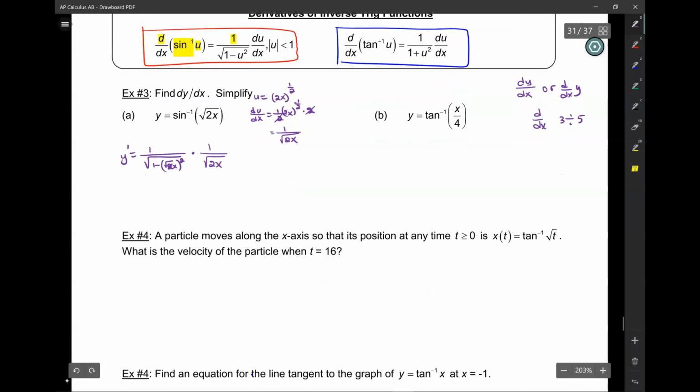So this is 1 over the square root of 2x times the square root of 1 minus 2x. Now I need to combine the roots. So I have 1 over the square root of 2x minus 4x squared.